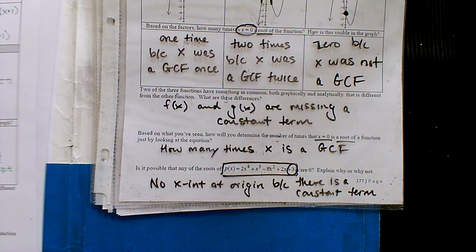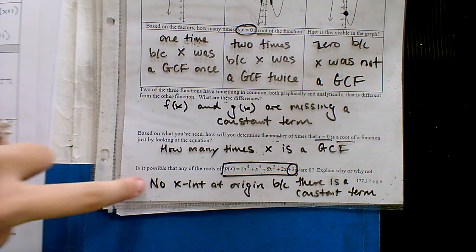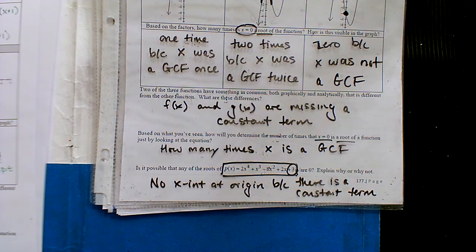All right, so let's think about this. We've already gone through the options for positive x-intercepts, negative x-intercepts, and now we know for sure there's nothing at the origin, okay, for this p of x equation.